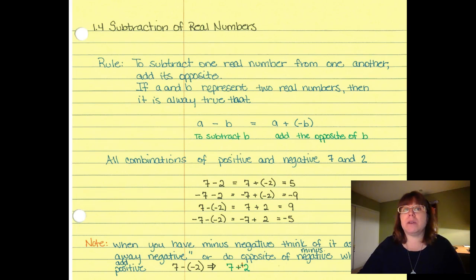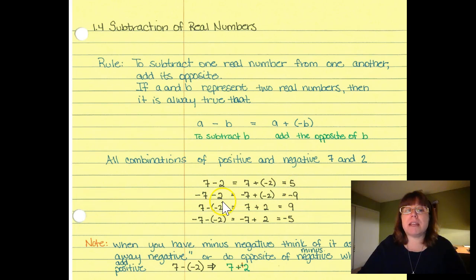So if A and B represent two real numbers, then it is always true that A minus B will equal A plus negative B. So all combinations of positive and negative 7 and 2 would be 7 minus 2, which is 7 plus negative 2. Answer is 5.